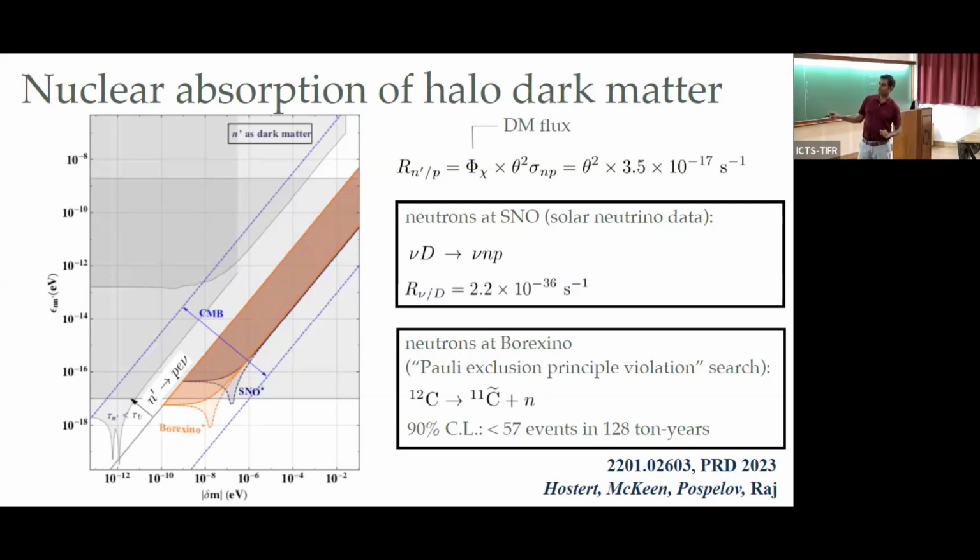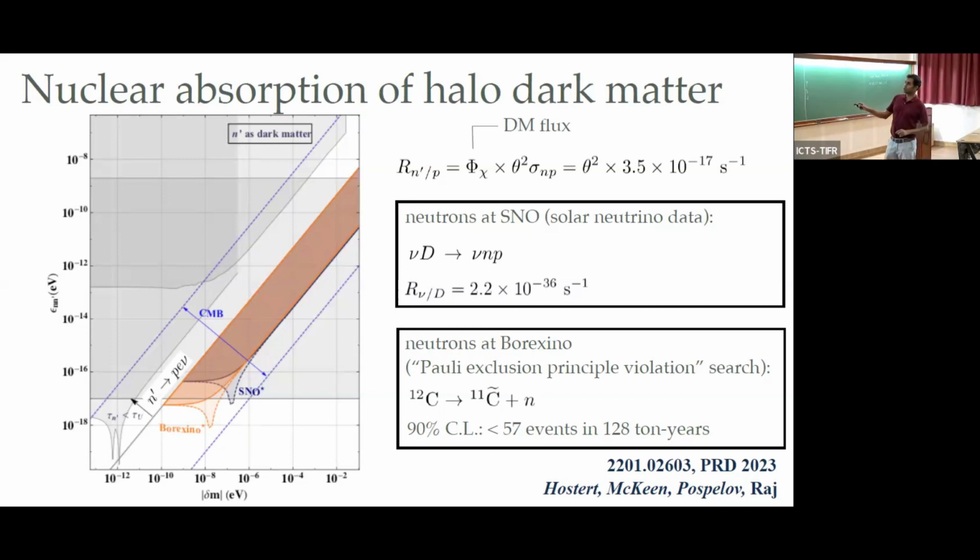So what happens? I could use experiments that looked for neutron absorption at very large rates and use them to set limits on dark neutron absorption from the halo, right? For instance, neutrons at the erstwhile SNO experiment, who had one of the best solar neutrino data.